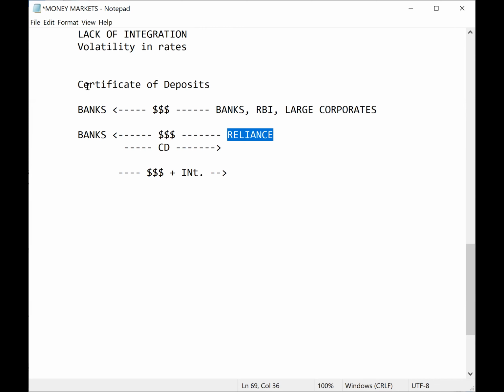So what banks can do, they can issue certificates of deposit to large institutions, companies usually, and borrow some money from them for, let's say, 3 months, 6 months, 9 months, like that. And when the certificate of deposit matures, then they have to pay that money back along with the interest.